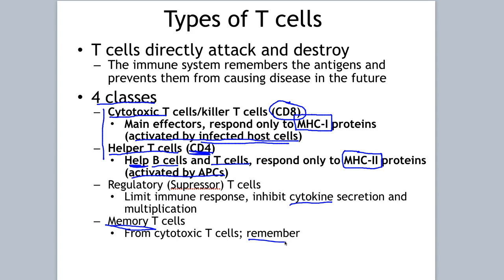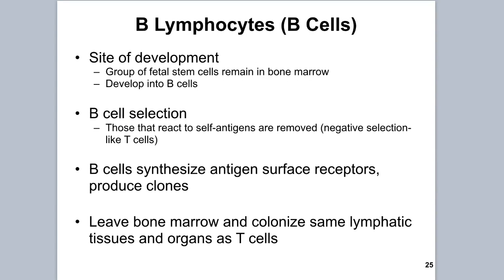These cells live a really long time in our body, and if we ever encounter the pathogen a second time, or even a third time, these memory T cells will start multiplying right away and develop a strong immune response so that we don't get any severe infection. We won't really even know we were invaded by that pathogen. Okay, and then we'll go on to talk about how those different kinds of T cells, the helper T cells and the cytotoxic T cells, become activated shortly.